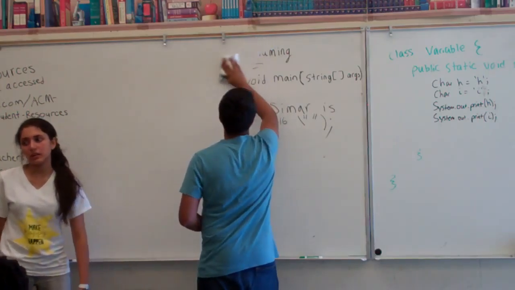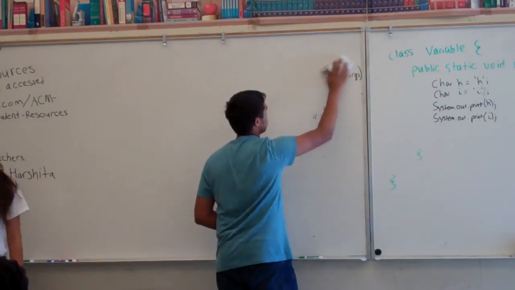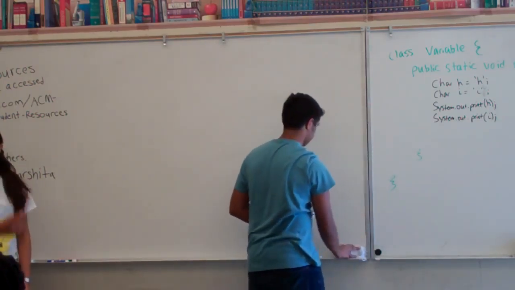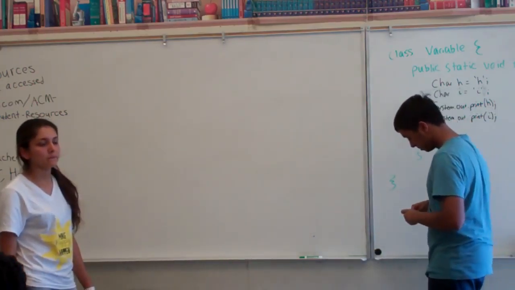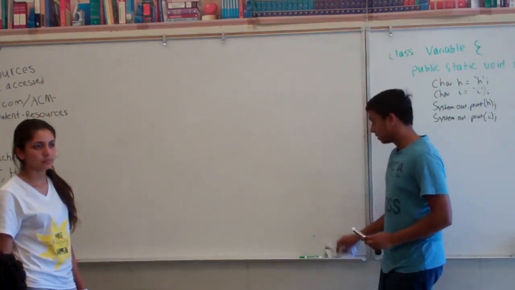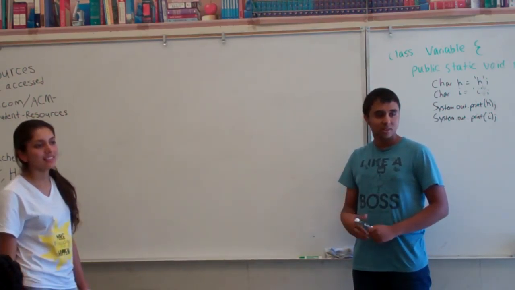Does anyone want to share out loud how they did it? It's pretty straightforward. Anybody else? Chris? Okay, so I listed system.out.print, and in parentheses I had my, I forgot what they called. Just call it a star. Okay. Yeah.